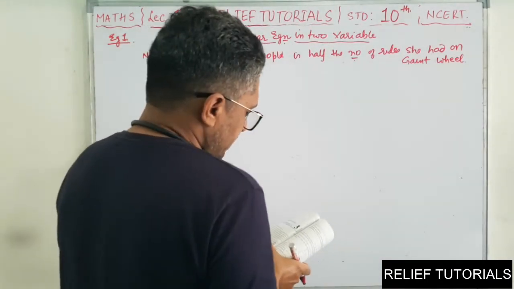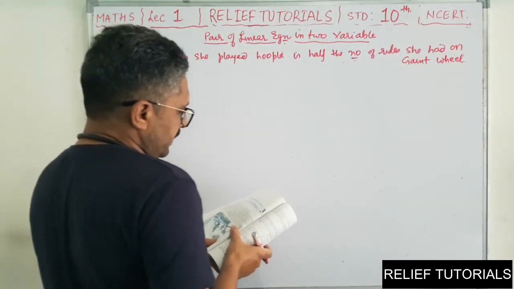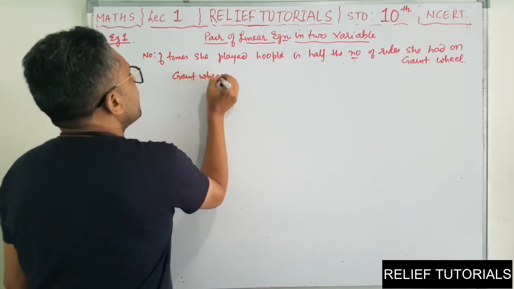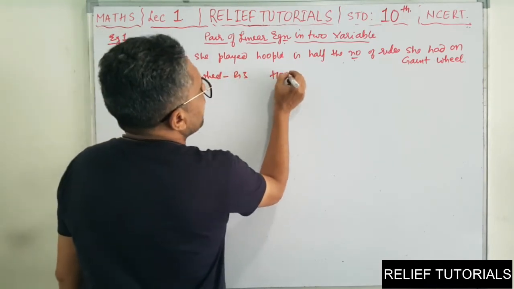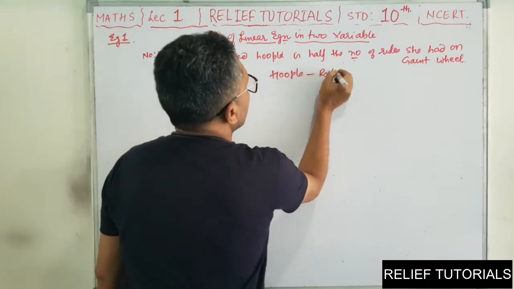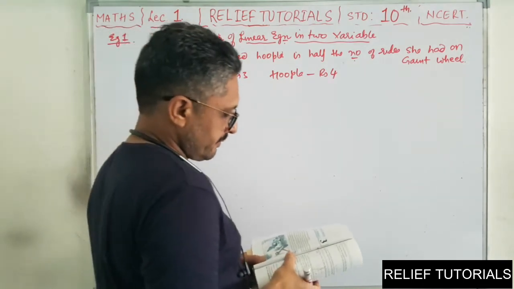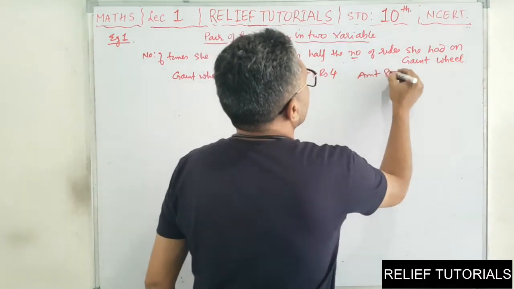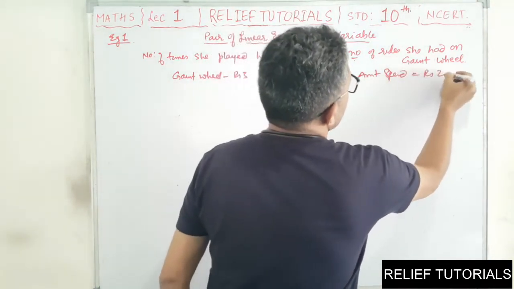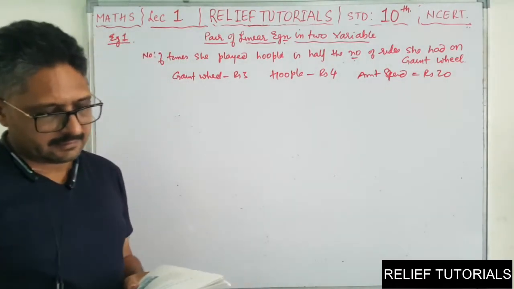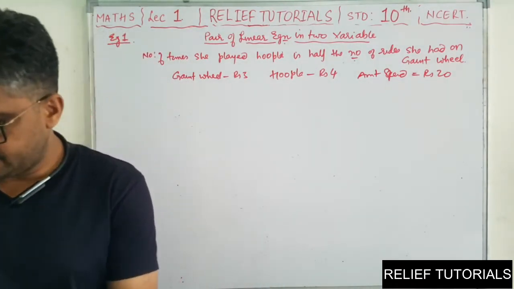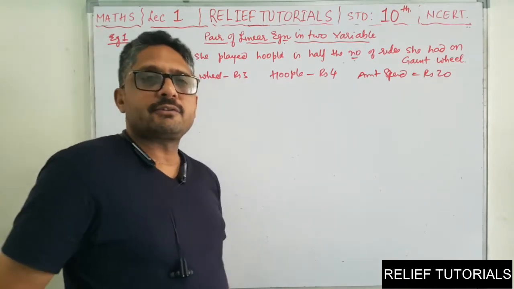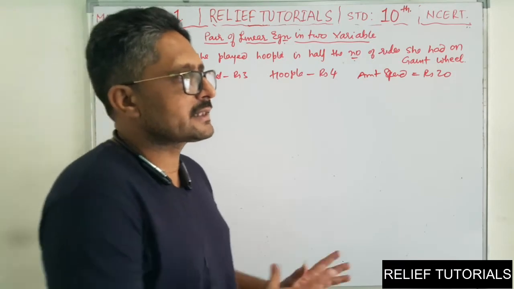And each ride costs ₹3 and a game of hoopla costs ₹4. So giant wheel ₹3 and hoopla ₹4, for each ride. And the amount spent is equal to ₹20. Okay, so this is the case. Now you have to represent this graphically and find the solution.